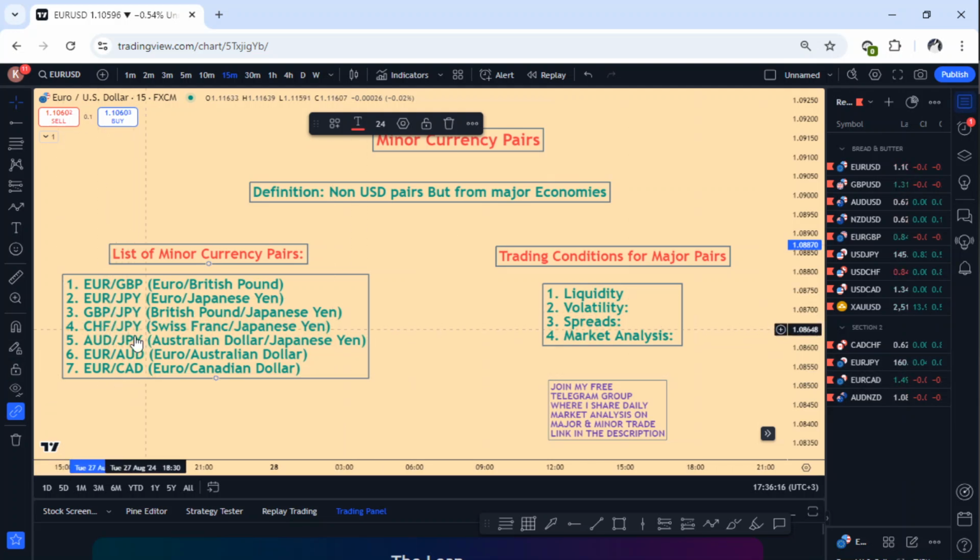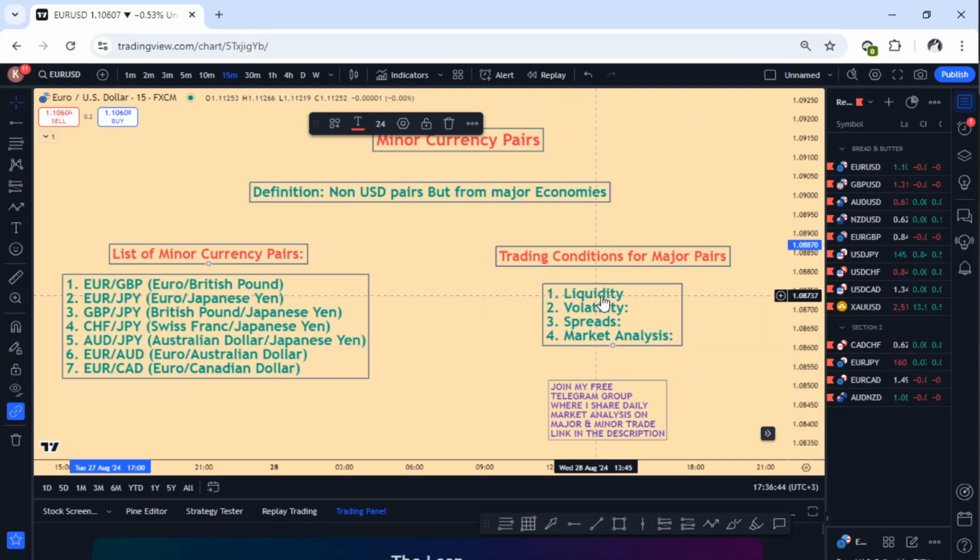CHF JPY, AUD JPY, EUR AUD, EUR CAD. Now what about the trading conditions? In terms of liquidity, minor pairs have lower liquidity than major pairs, which can lead to wider spreads and higher transaction costs.